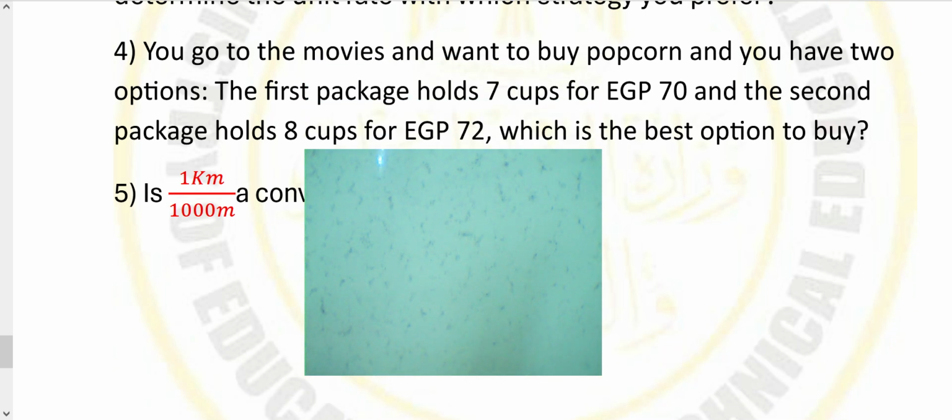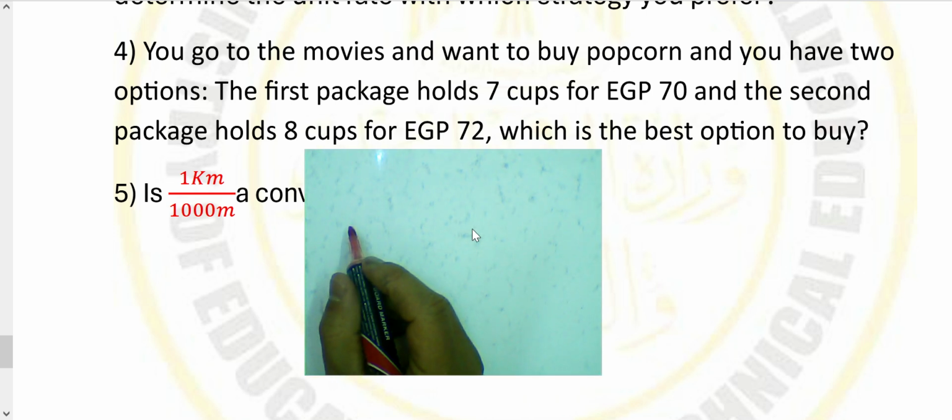Next question, number 4. You go to the movies and want to buy popcorn, and you have two options. The first package holds 7 cups for 70 Egyptian lira, and the second package holds 8 cups for 72 Egyptian lira. Which is the best option to pay?